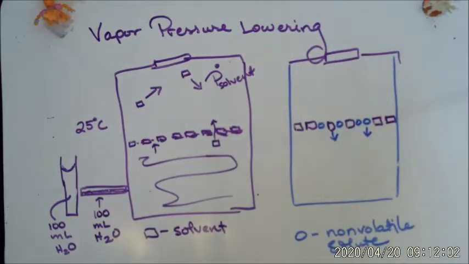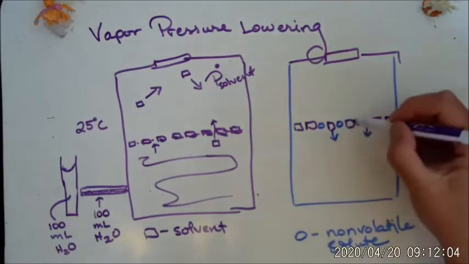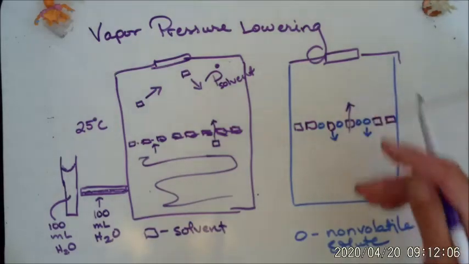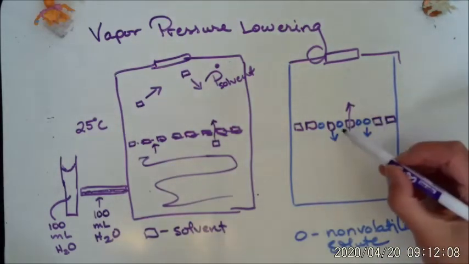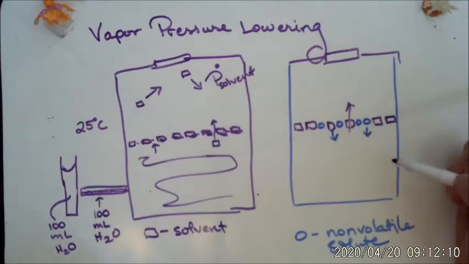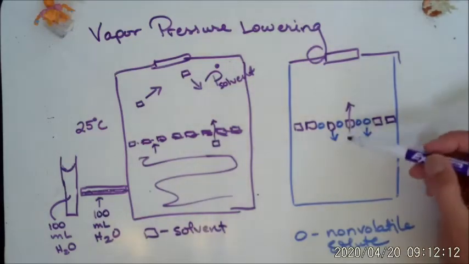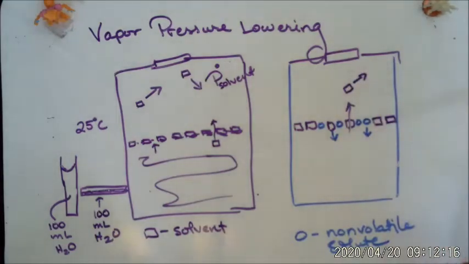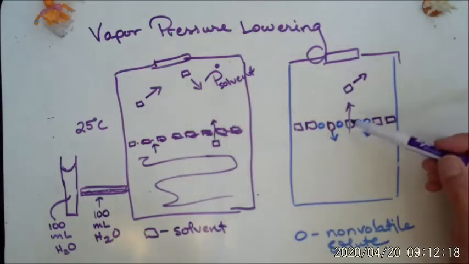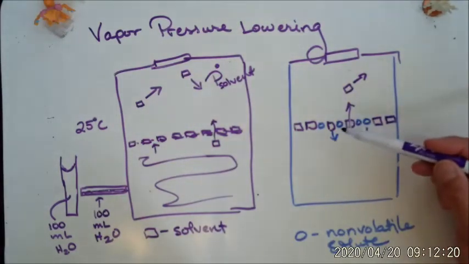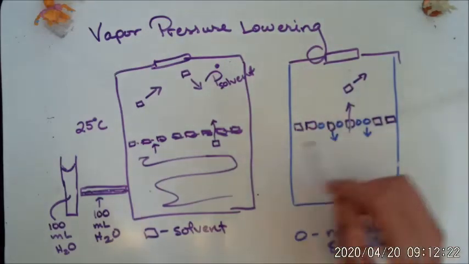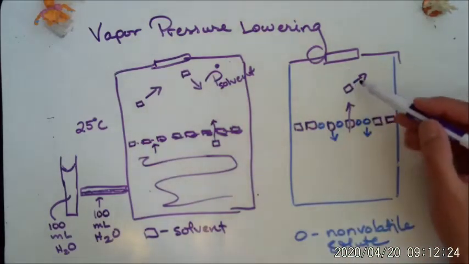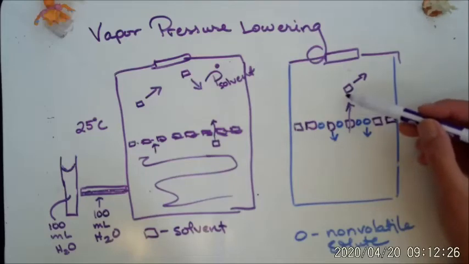Therefore, it has less of a tendency to escape. It has to have a greater energy in order to break those intermolecular attractions to go into the gas state. So that's one reason that you would have a lower vapor pressure. At the same temperature, same amount, I'm not going to have as many solvent molecules in the gas state.